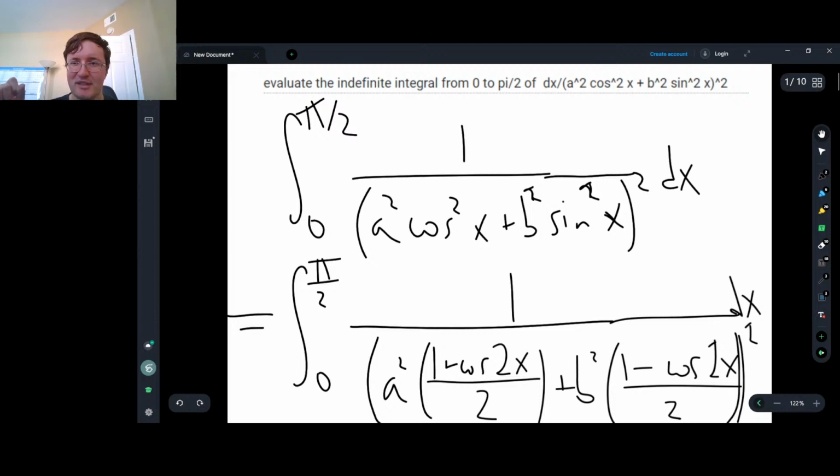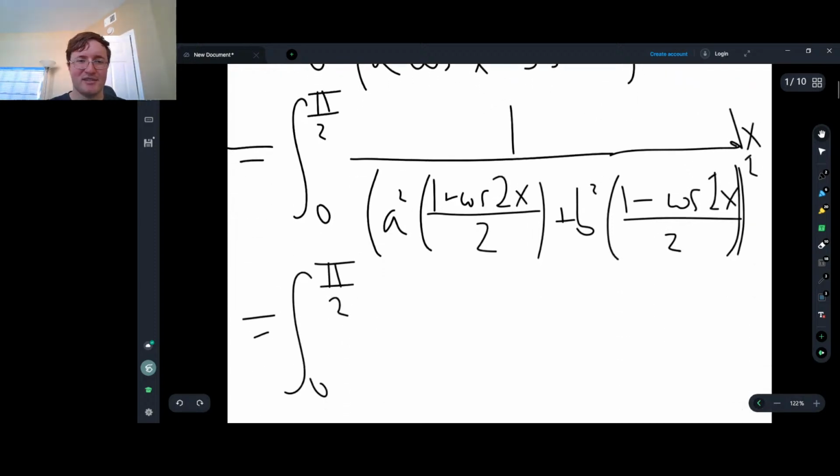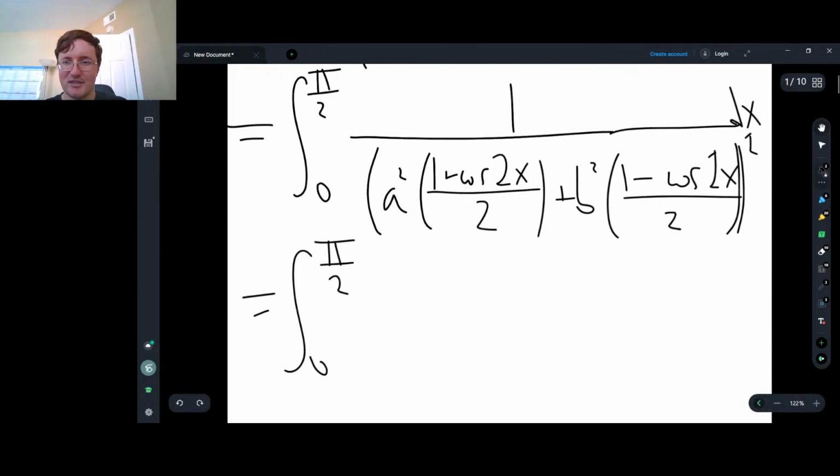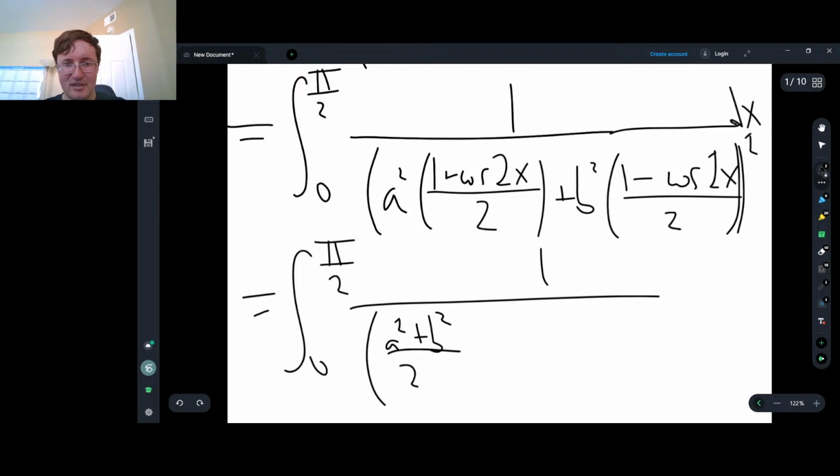I'm not sure at this point. Okay, so 1 over (a squared plus b squared) over 2 plus (a squared minus b squared) over 2 times cosine of 2x.